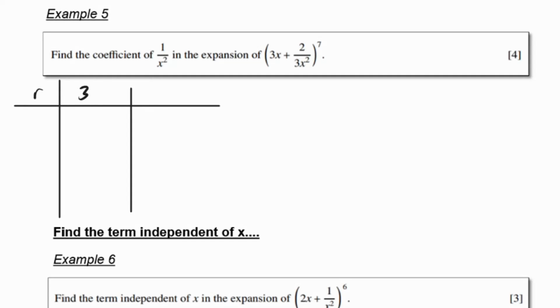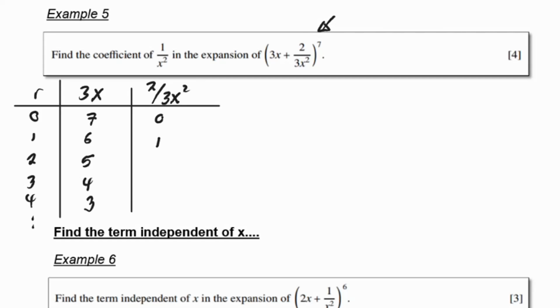Then the first term is 3x and the other term is 2 over 3x squared. r starts from 0, then 1, 2, 3, 4 going down. And 3x starts with the power of 7 because the highest power is 7 in this case. So 7, 6, 5, 4, 3. 2 over 3x squared starts with the power 0, 1, 2, 3, 4 going down.